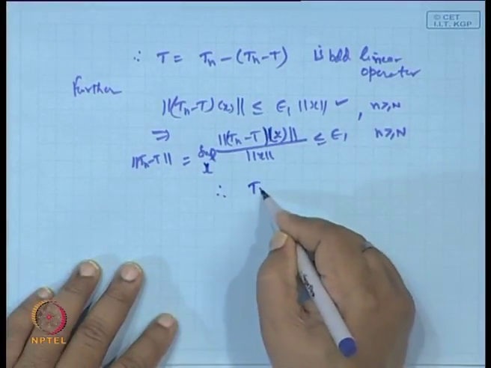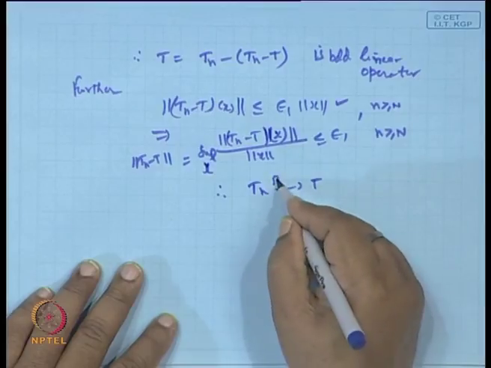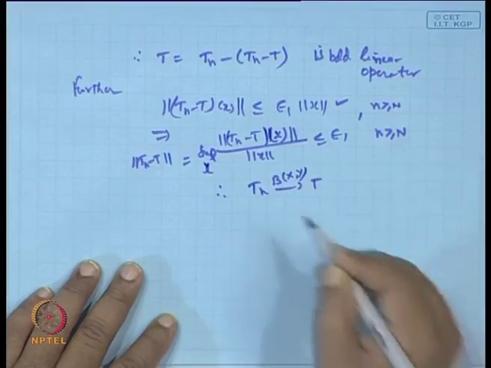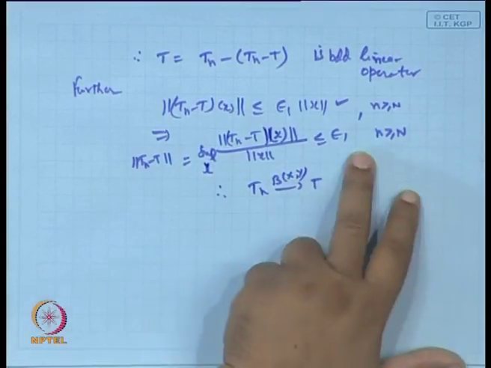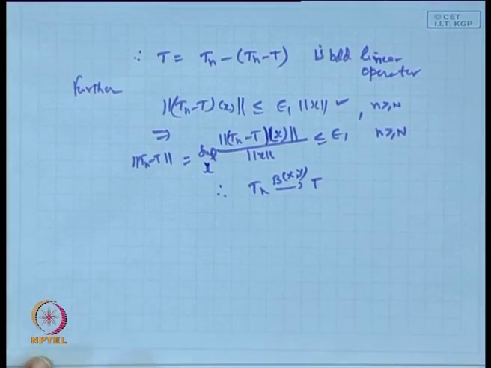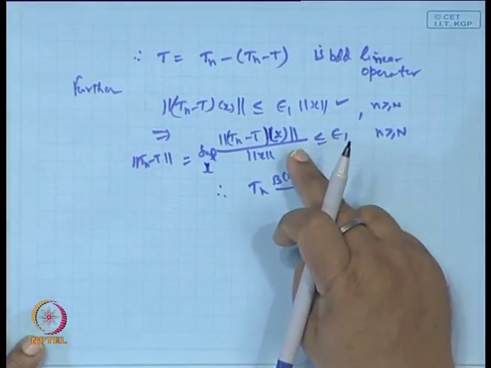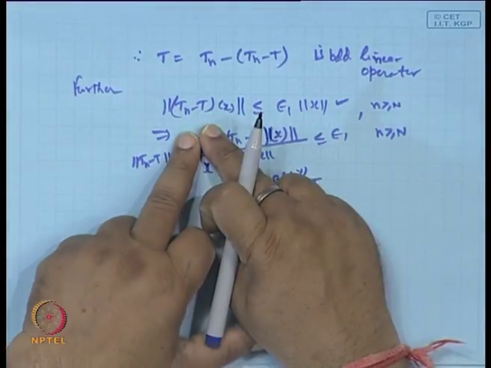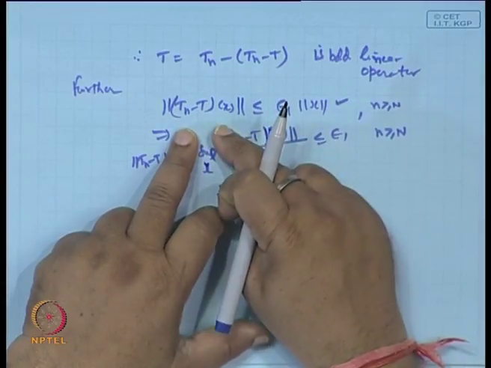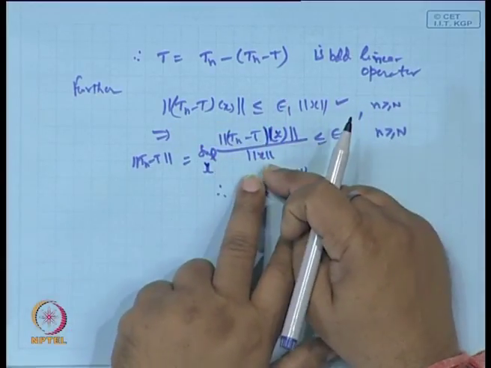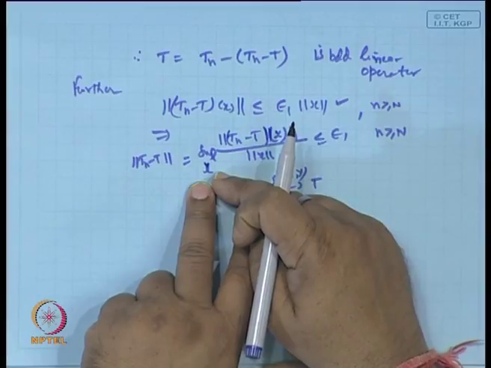Therefore, Tn converges to T in the norm of B(X,Y), because norm of Tn minus T goes to 0. So this completes the proof that norm of Tn minus T is equal to the supremum over x of norm of (Tn minus T)x divided by norm x.